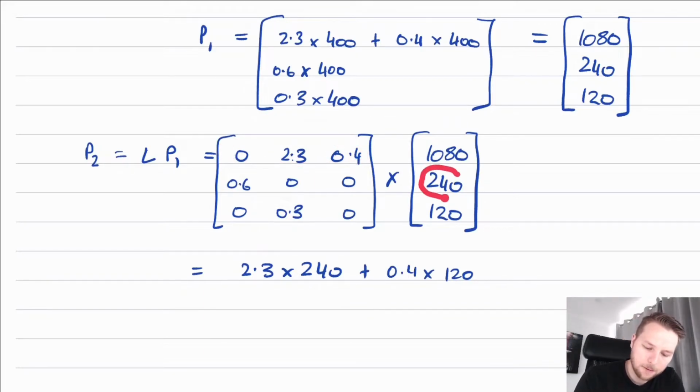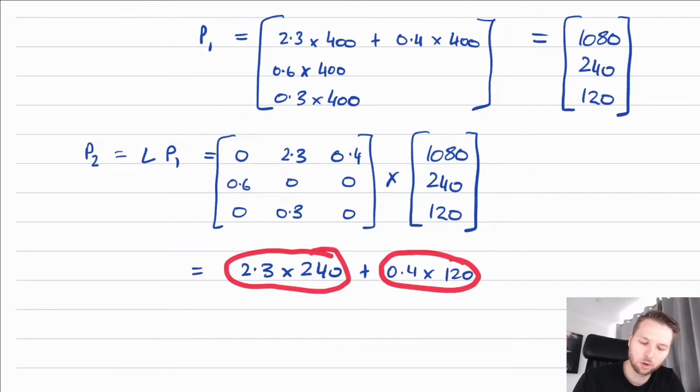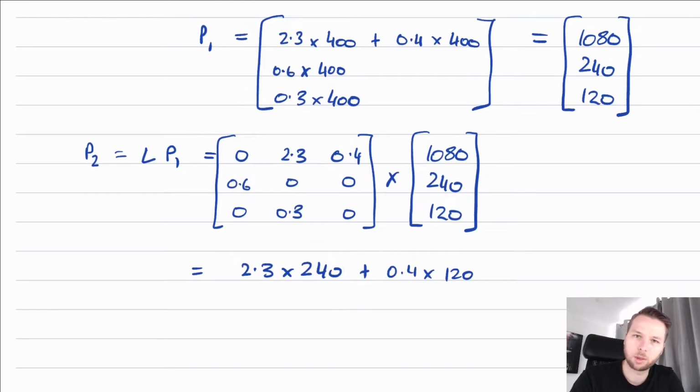So for every female in that second age group, we multiply by 2.3 because they have on average 2.3 offspring. But also the third age group, 120, is going to be multiplied by 0.4. It's less than 1, so not all of those females reproduced, but some of them do, 0.4 from each on average.